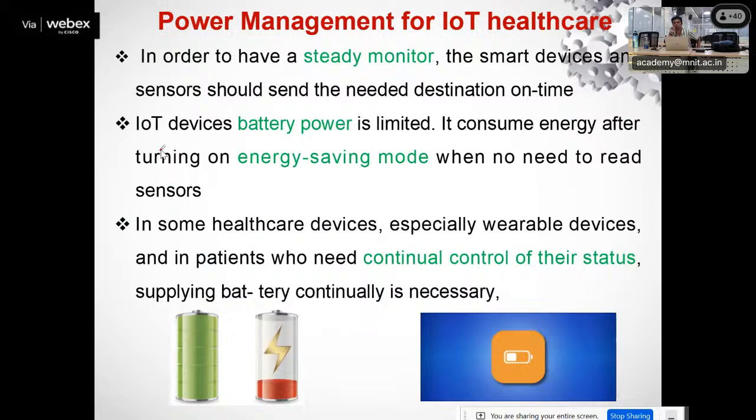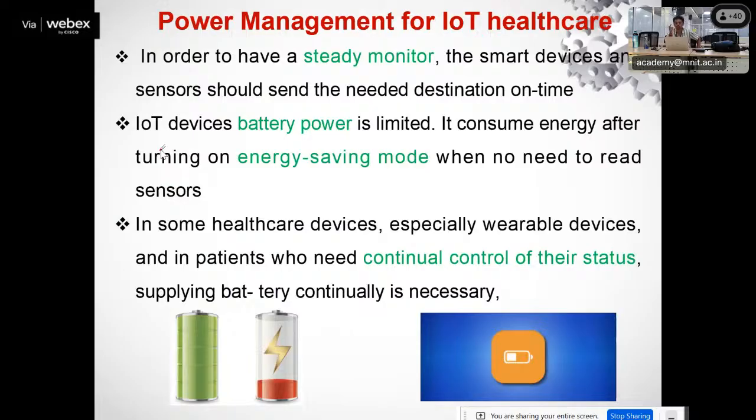So I want the battery to last long so that I can capture data throughout my day. Even when I am sleeping, my body is working, so the sensor is generating data and data is being captured. The device should be able to capture data all the time, so power management is very important.